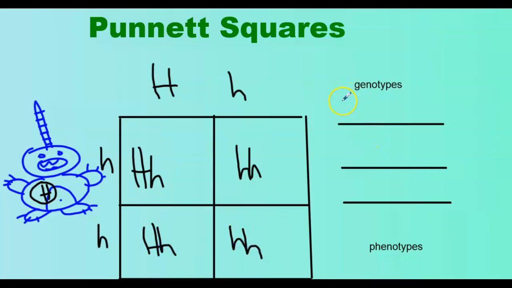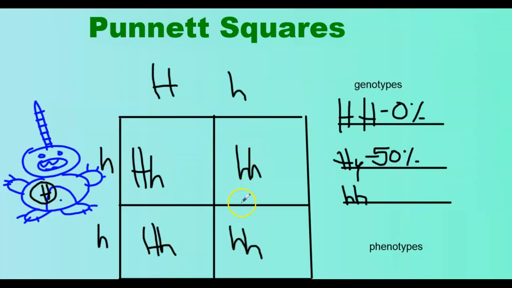How'd you do? Genotypes, remember it's always the same. You can have pure dominant, hybrid, or pure recessive. So in this example, we had no pure dominance, 2 out of 4, which is 50% chance for a hybrid, and 50% chance for the pure recessive form without the horn.